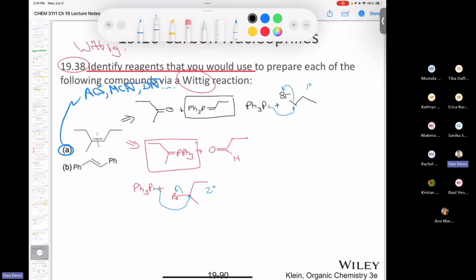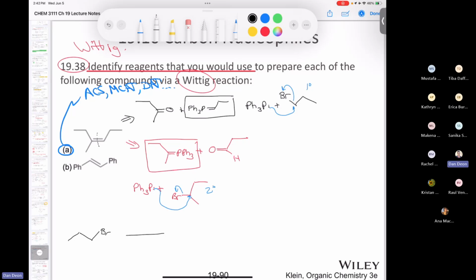So what our synthesis is going to look like, it's going to look like this. We're going to start with our alkyl halide, which is going to look like this, okay?